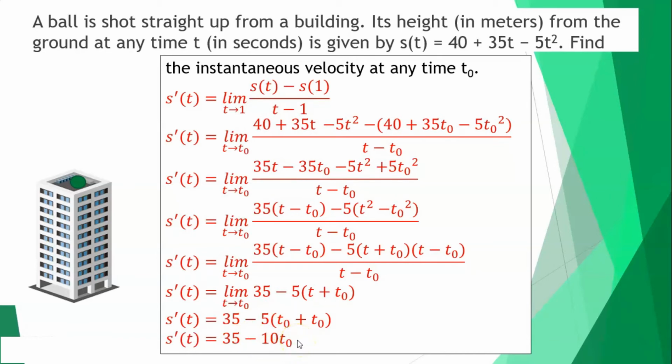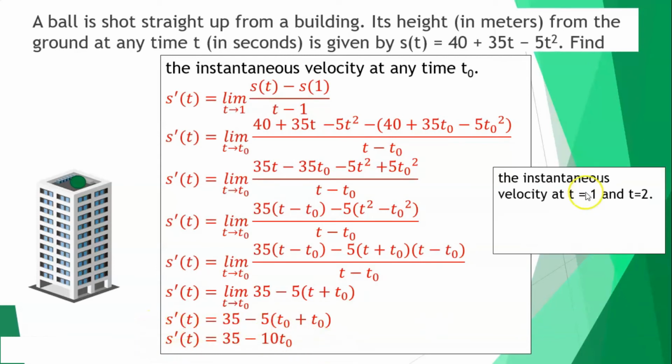To get the instantaneous velocity at any time, we will make use of this. So what is the instantaneous velocity if the time is 1 second? Substitute, so that would be 35 minus 10 times 1. Therefore, at 1 second, the velocity of the ball is 25 meters per second.